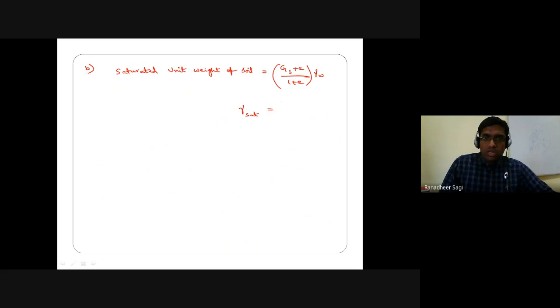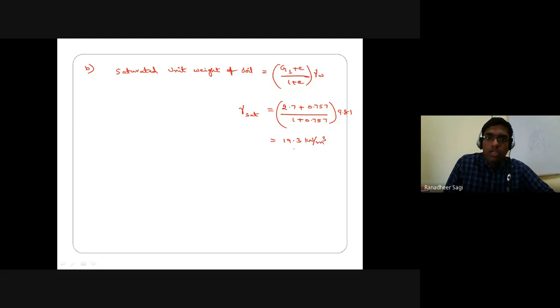Gs is 2.7, e is 0.757, so (2.7 plus 0.757) divided by (1 plus 0.757) into 9.81. Upon substituting, we get the saturated unit weight as 19.3 kilonewton per meter cube.